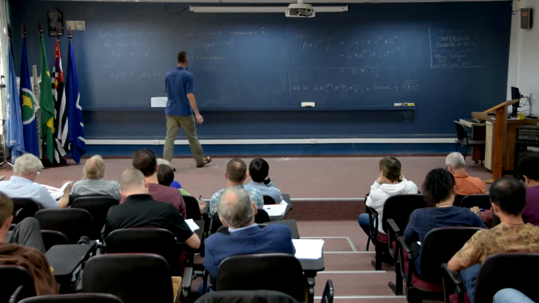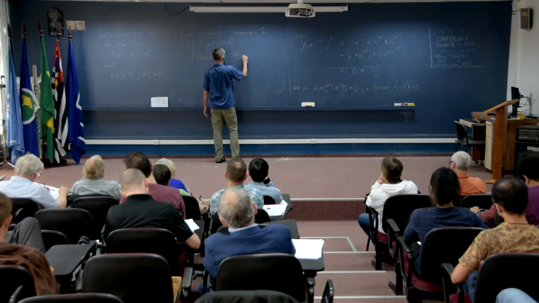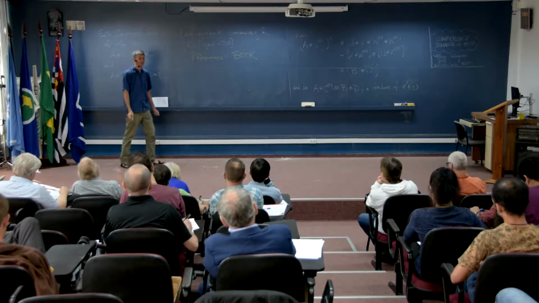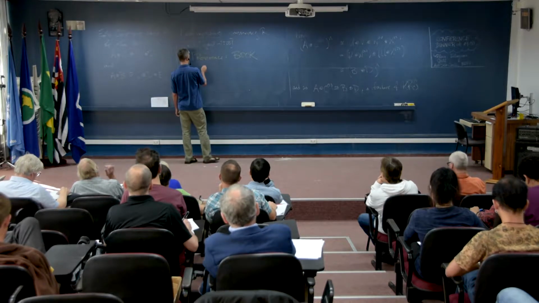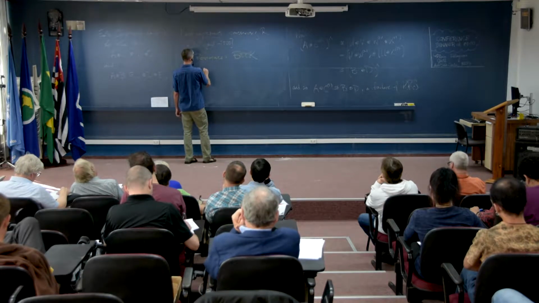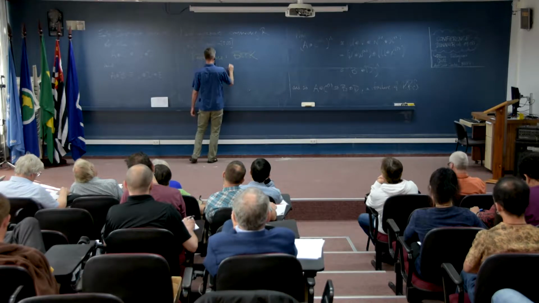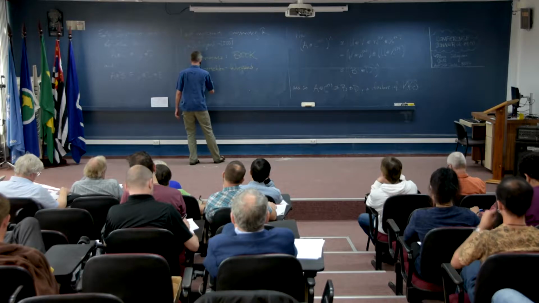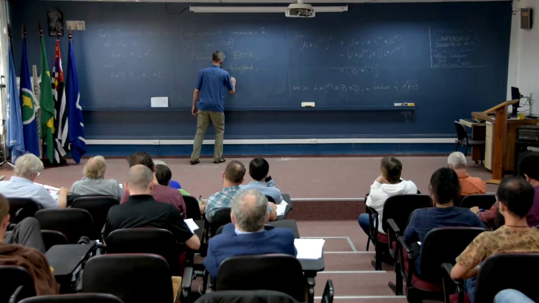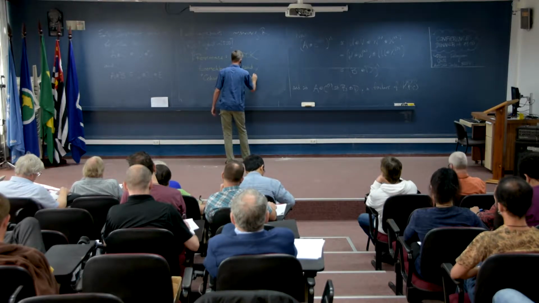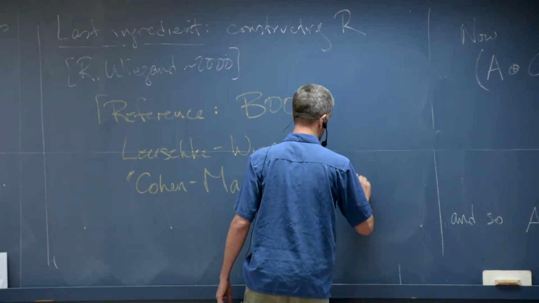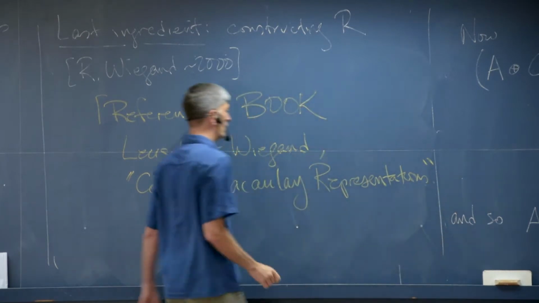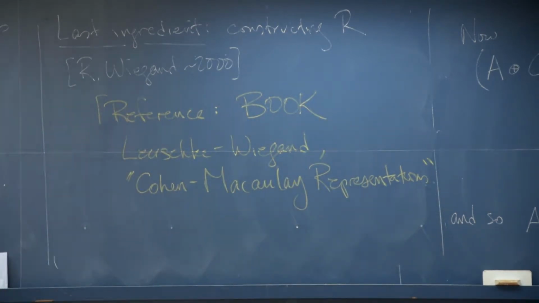A project codenamed Book, when Roger and I were working on it, which is a book called Cohen-Macaulay Representations, which, as I say, everything I'm saying is drawn from this.